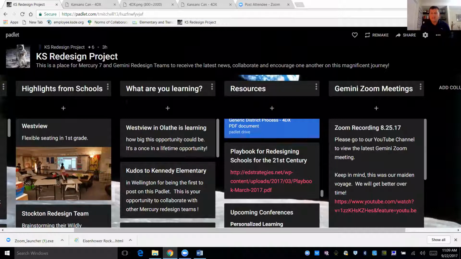We're going to have a little bit of time where the Mercury schools can talk informally about where they are in the process, but we really hear over and over how important it is to connect everyone through this endeavor. That's just one of the events in the works this year to connect the Mercury and the Gemini schools and other schools that are interested in redesign.